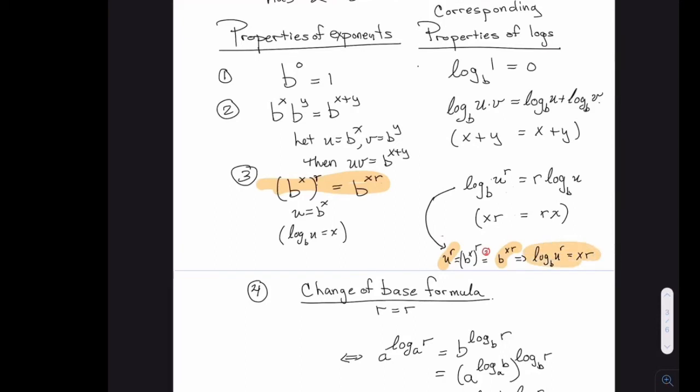So the left-hand side is xr. The right-hand side is also xr, because it's r times log base b of u, which is x.